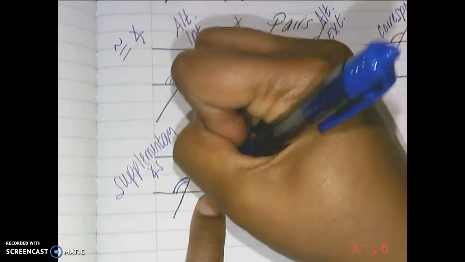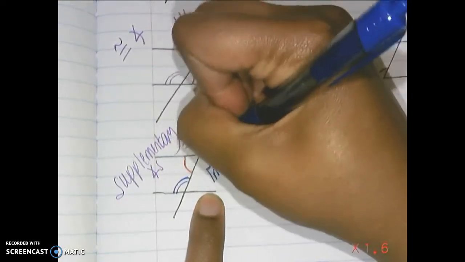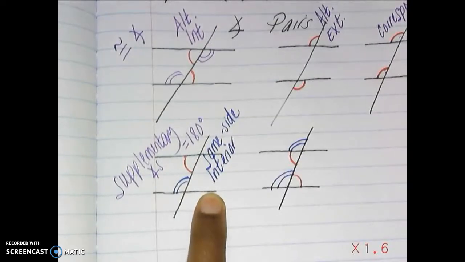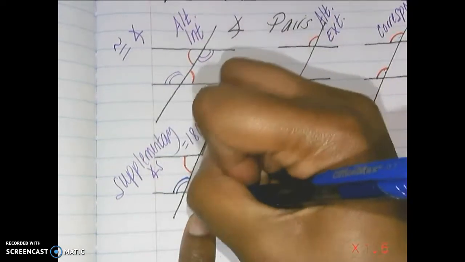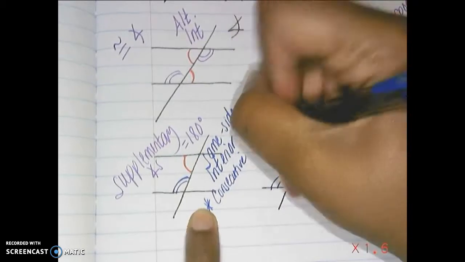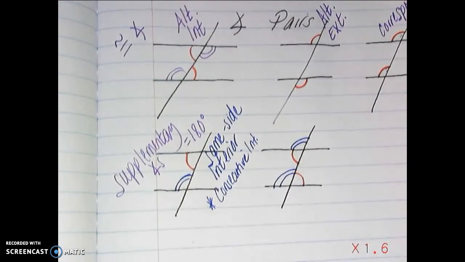They are interior angles. These are same side interior angles. And same side interior angles also go by consecutive interior angles. Okay? So I'm just abbreviating it for the sake of time.